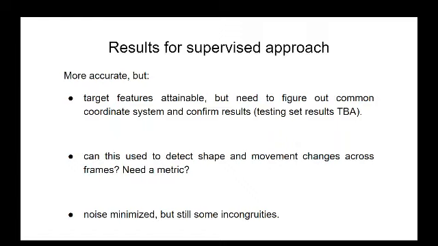We notice that the noise has been minimized, but there are still some incongruities with the original ground truth image. Some of this is rotating the image, but also some of it is just finding the proper scale, making sure that things are equivalent to one another across images.